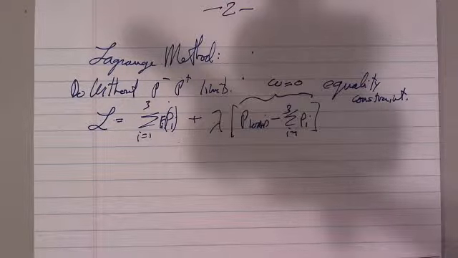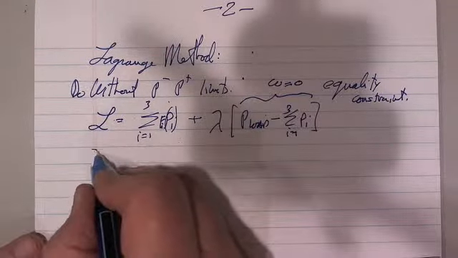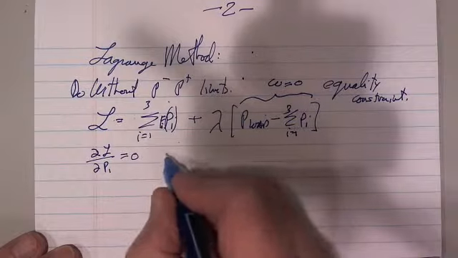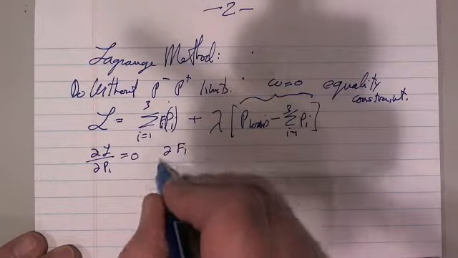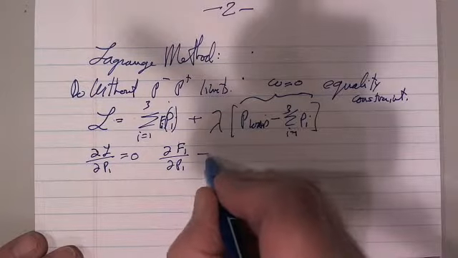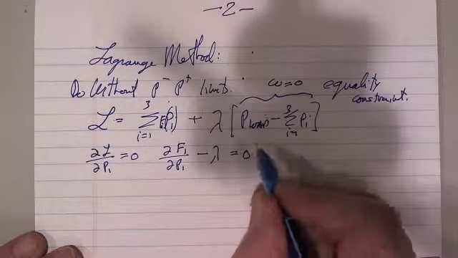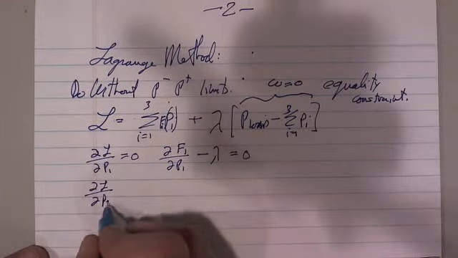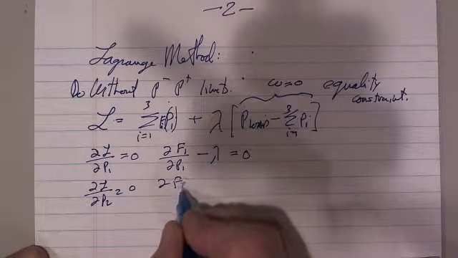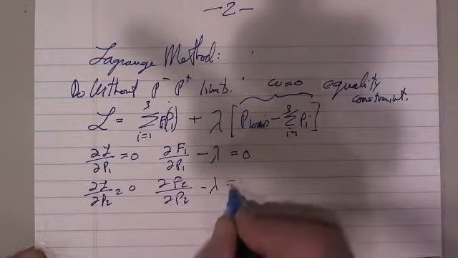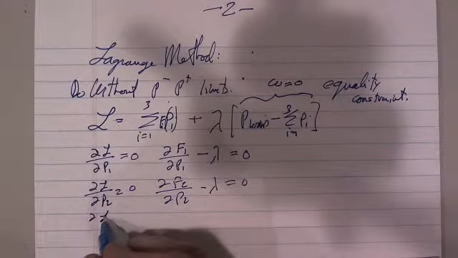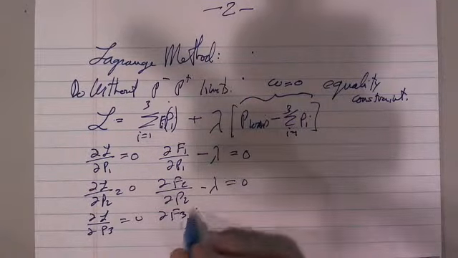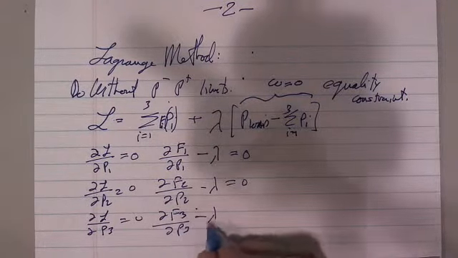And then to solve it, you say the derivative of L with respect to P1 equals 0. So that means dF1 dP1 minus lambda equals 0. That's what you get when you take the first derivative with respect to P1. dL dP2 equals 0, so you get dF2 dP2 minus lambda equals 0, and dL dP3 equals 0 gives dF3 dP3 minus lambda equals 0.